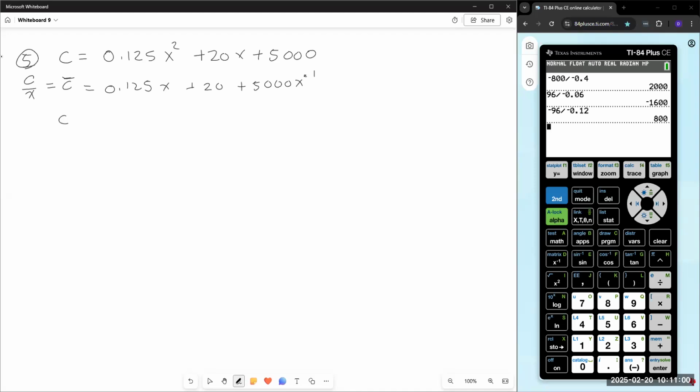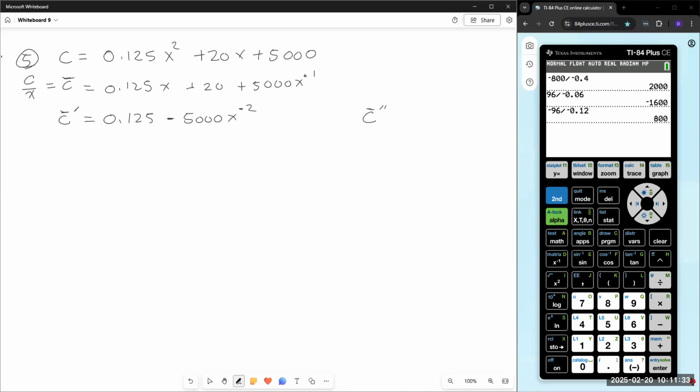So C bar prime, since I want to minimize this, it's going to be 0.125 minus 5,000 x to the negative second power. And let's go ahead while I'm at it and find C bar double prime in case I need to use that to prove that I have a minimum.